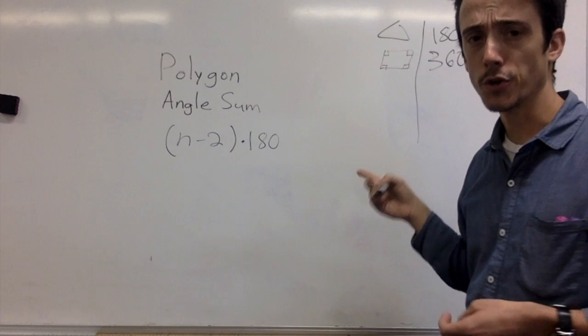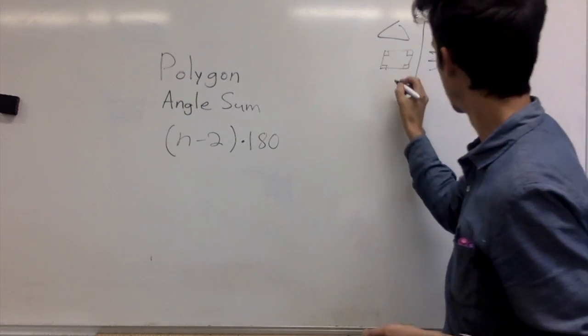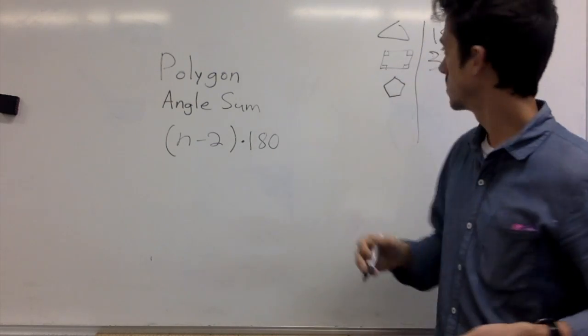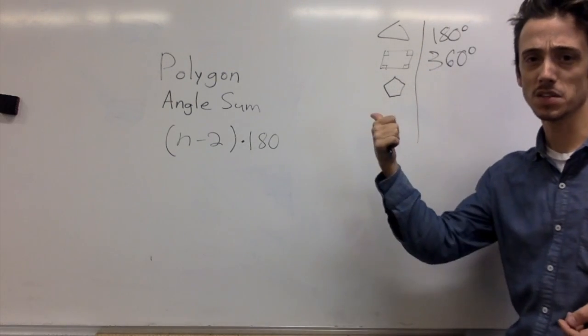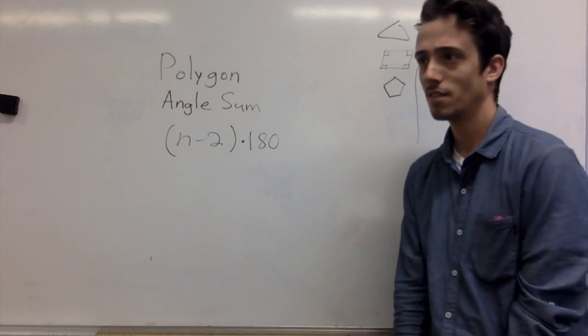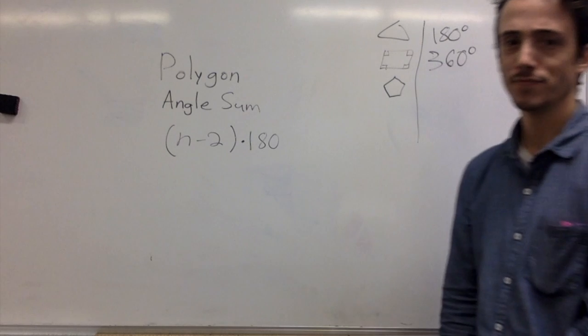What if we took this further and went for a 5-sided figure? What do you think about that? How many degrees are in this thing? The pentagon. Whoa, cool. In DC. How many degrees are in that?